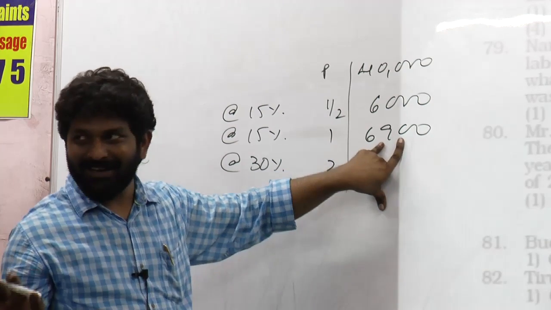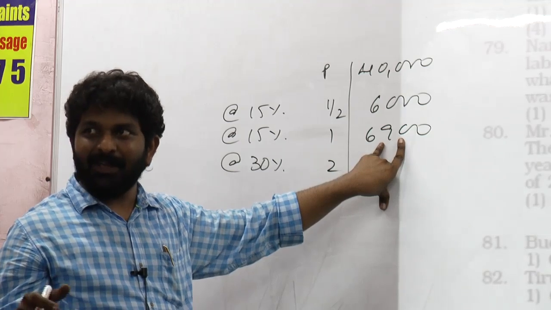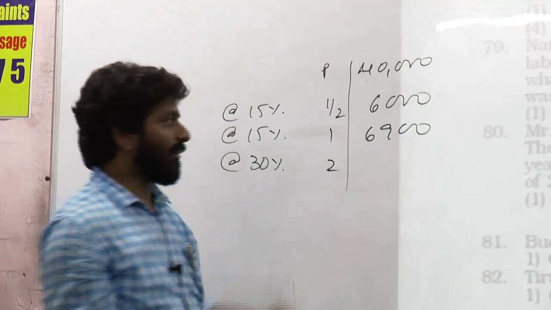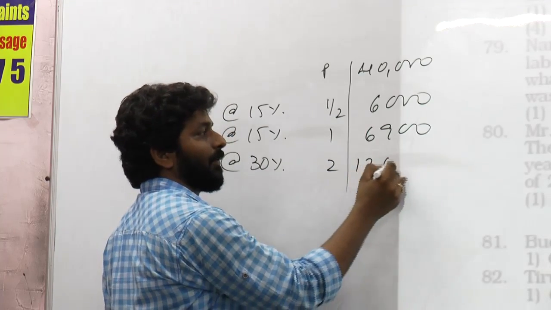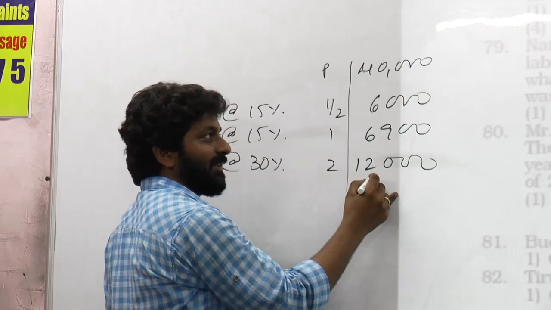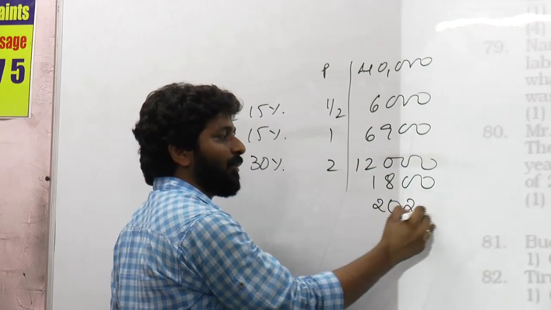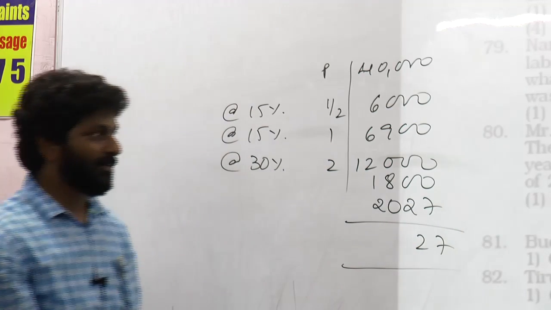Extra is 90, right? Extra is 90, 3 times 90 is 270. So you again need to add 270 to 800, 900. How much? First one is 12,000 and this is 1,800 and it is 2027. Your answer should end with 27. How many are there?